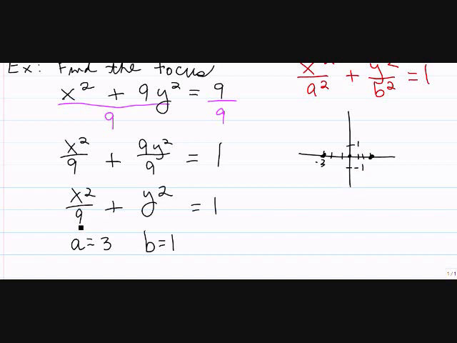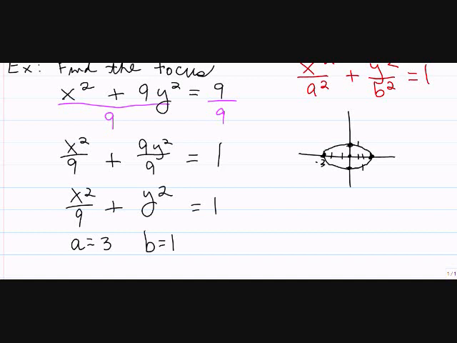You always square root these numbers on the bottom of the fraction. Always. Always. Okay? So now I've made my little sketch.